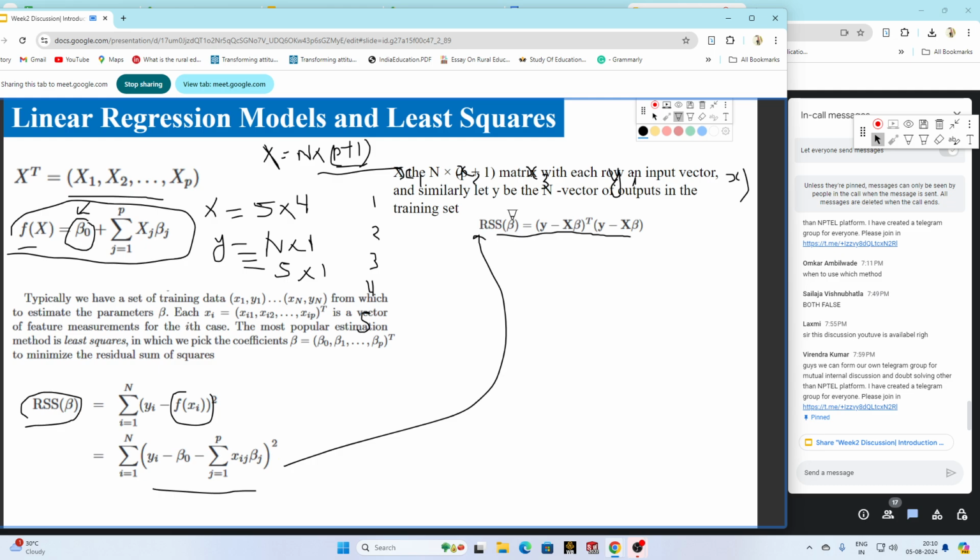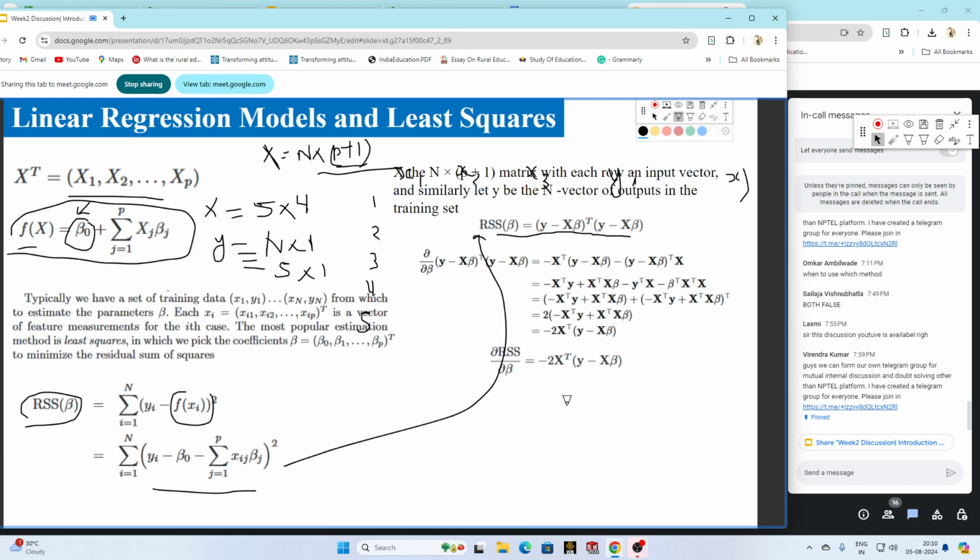Whenever our residual sum of squares is minimum, for that model we can say this is our best fit model. So our idea is to minimize this RSS with respect to beta. How can we do that? We can do this by differentiating this RSS with respect to beta and then equating it to 0.